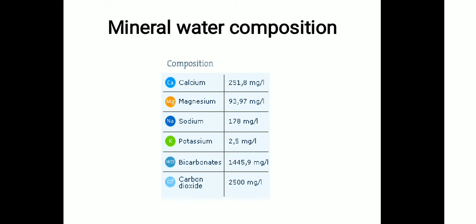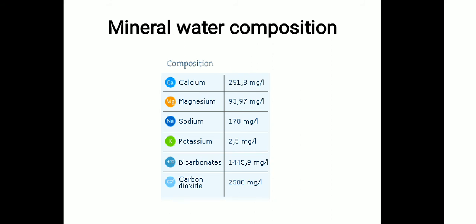Mainly calcium is in a proportion of 2518 milligrams per liter. Magnesium is 9397 milligrams per liter. Sodium is 178 milligrams per liter. Potassium is 25 milligrams per liter.